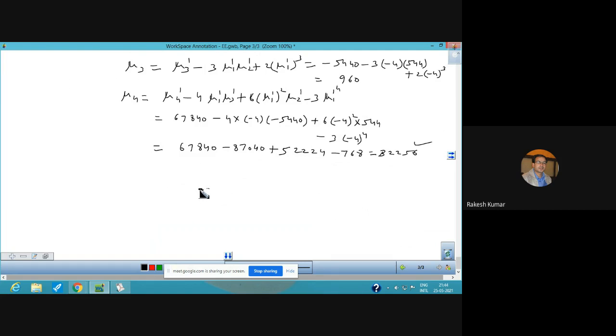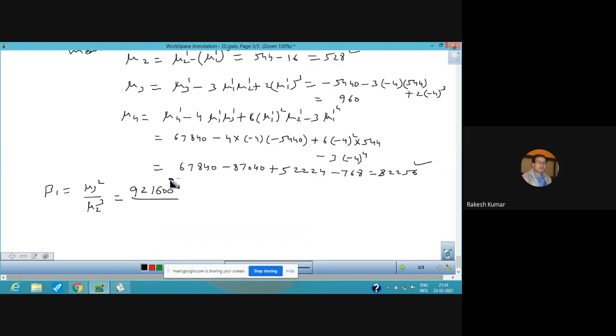And now from this we can calculate the coefficient of skewness, that is mu 3 square over mu 2 cube. So mu 3 square is this one, 960 into 960, that is 921600, divided by mu 2 cube. So that is 528 into 528 into 528.